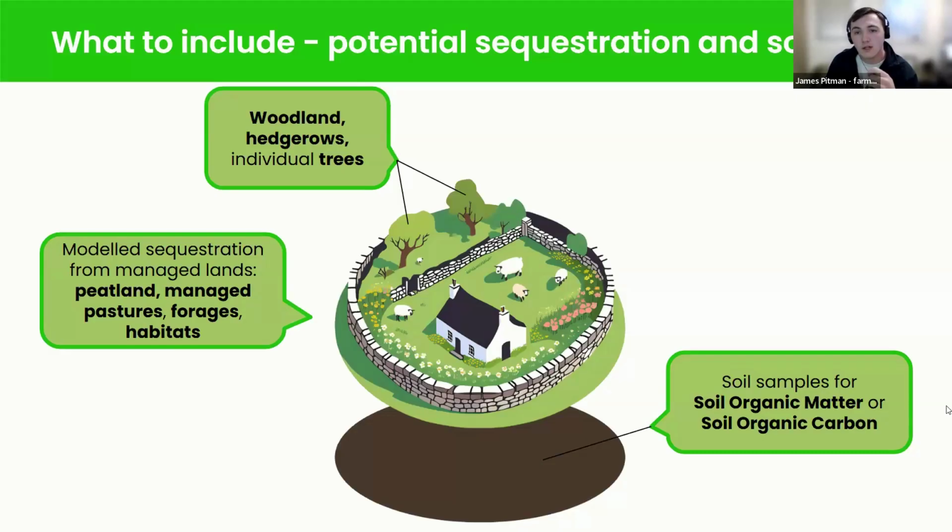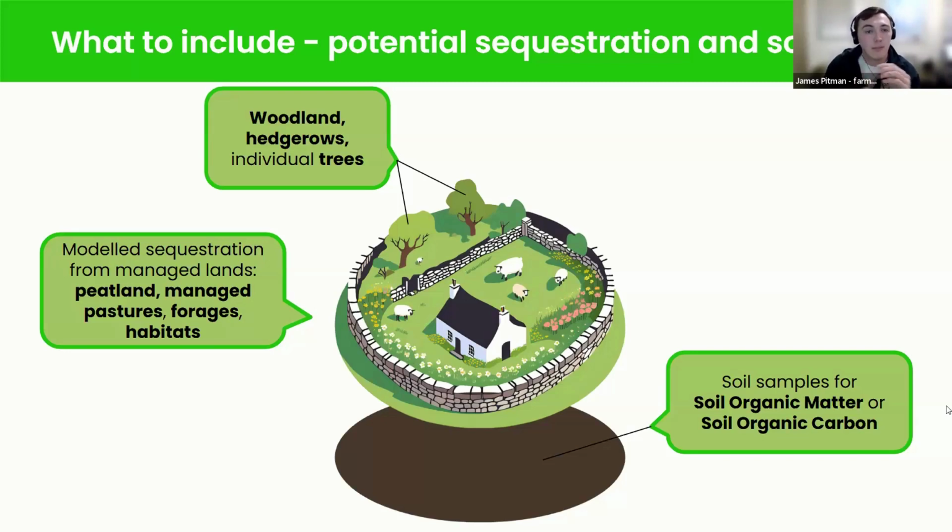So if you're planting skylark plots or wildflower meadows and things like this to increase your biodiversity, they'll likely be having a really good impact on your soil health. Good soil health normally locks up more carbon. And so based on various studies on different countryside stewardship schemes in England, there has been some good model data on what carbon sequestration is happening on farm.